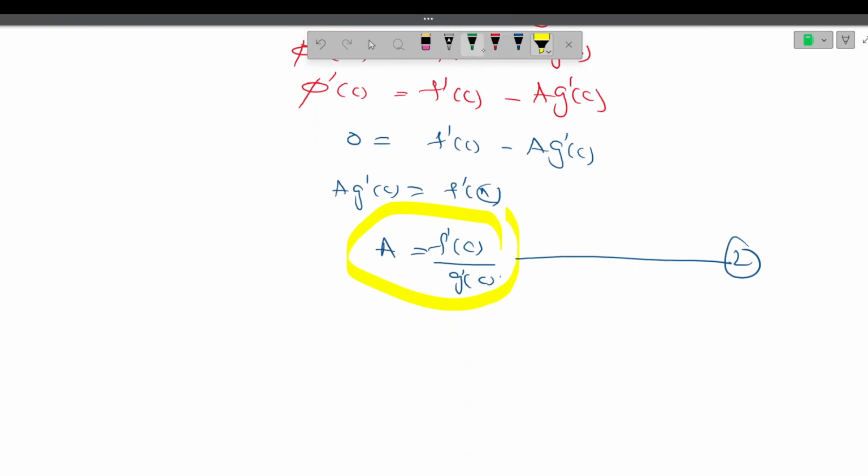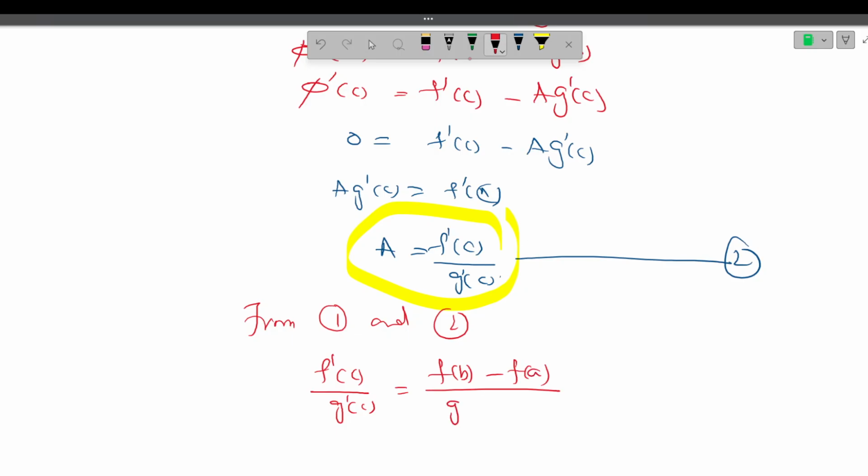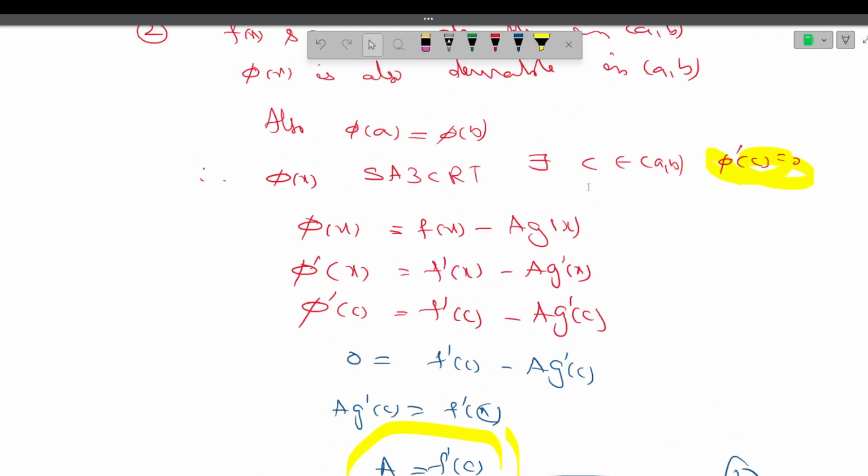So from 1 and 2, f dash c by g dash c equal to f of b minus f of a by g of b minus g of a. Hence proved. Very easy.